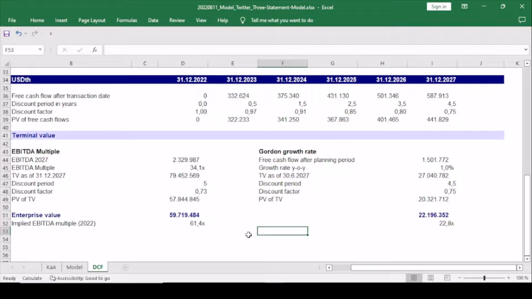Therefore, you should always check the terminal value calculation and the assumptions leading to the terminal value, or the present value of the terminal value, to see what implications any of these figures or planning assumptions could have on enterprise value.